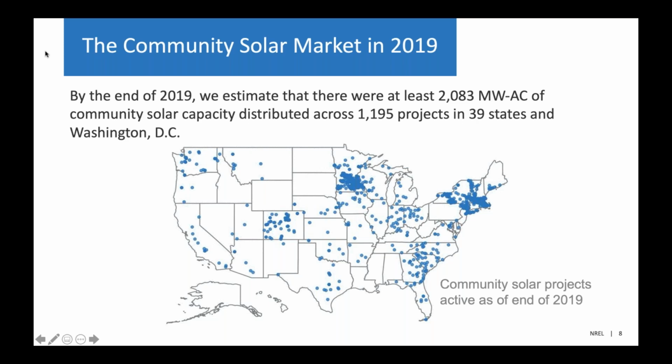notable things with this. First, as is often the case with solar, it's not necessarily where the sun shines. The sun is much stronger in New Mexico than it is in Minnesota, but you have a lot of projects in Minnesota. So right away, this is an illustration of the role of policy, that essentially where there are policy incentives, et cetera, you have more community solar deployment.